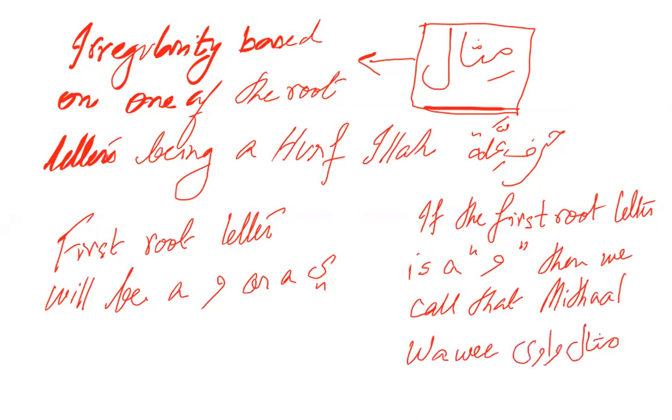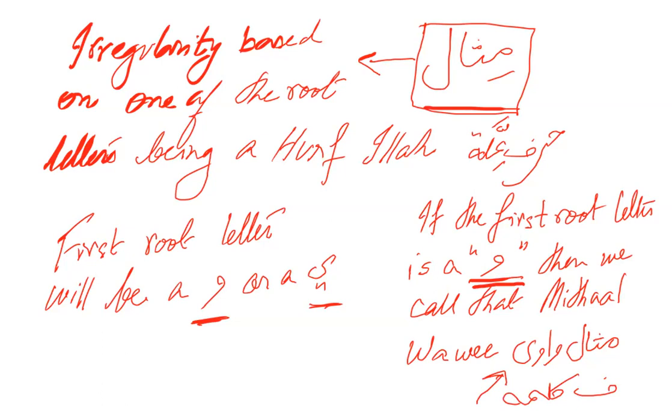So as we saw that ya and waw can be root letters. So if the first root letter is a waw, the fa kalima is a waw. So we will say it is Mithal Wawi.